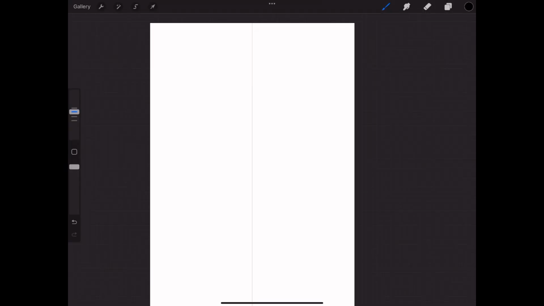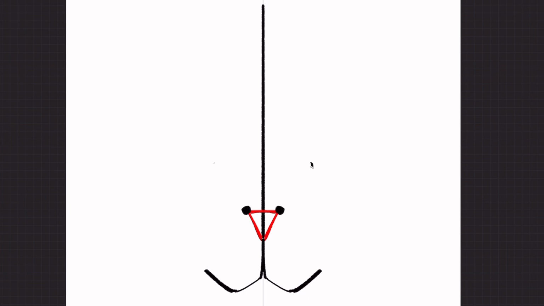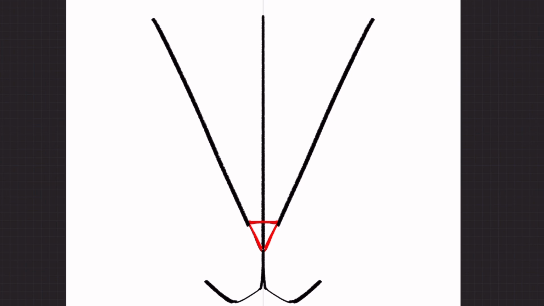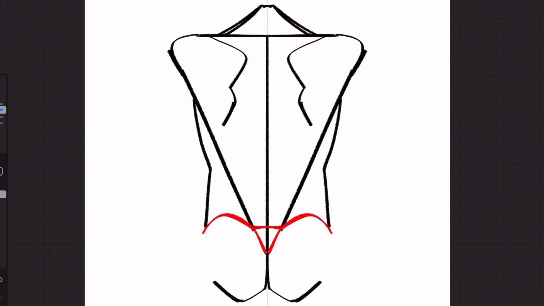From the back of the body we have the center line that runs down the back, and at the bottom of that line is where the sacrum triangle is located, which is at the top of the butt. And from these 2 points, I like to draw just a big triangle like this that represents kind of just the entire back of the body. At those same points, I'll draw a C-curve like this, and from there I just draw the side of the body as it connects to that C-curve.